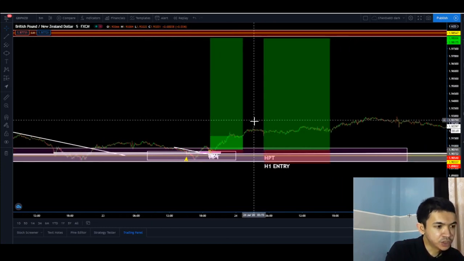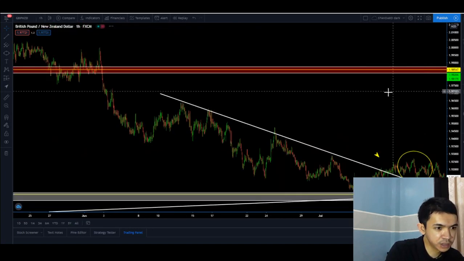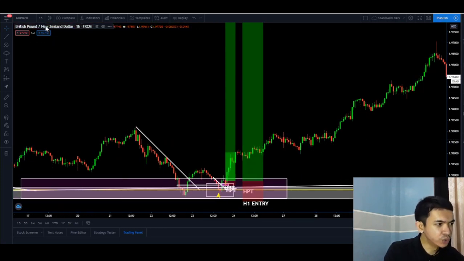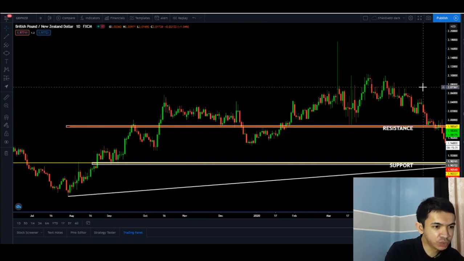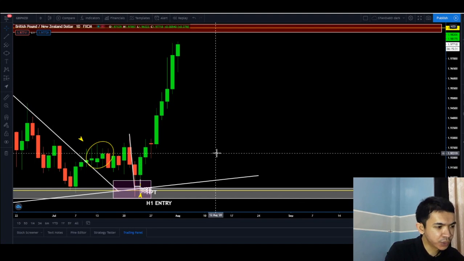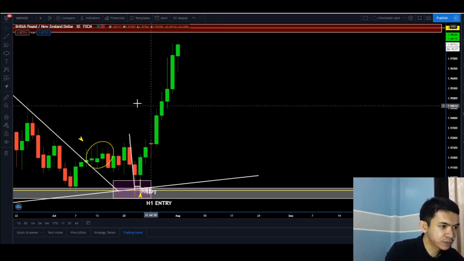Okay, so look at the difference. Let's go back to a much lower H1 time frame. So imagine guys, from a daily zone, from a daily zone, daily time frame, I was able to have an entry to a 5-minute time frame using TFP warrior system and kept doing the same process of entry and confirmation.